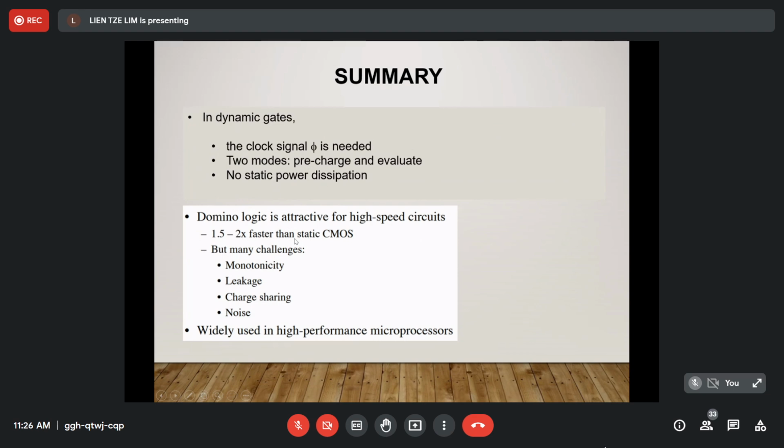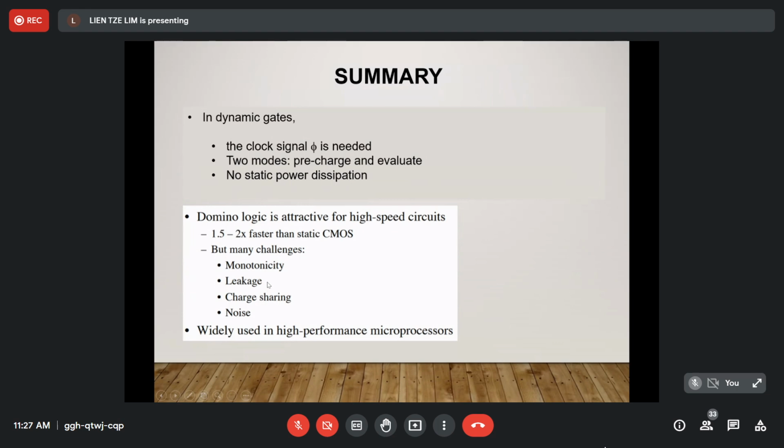There are also many challenges in domino logic. The challenges are due to monotonicity, leakage, charge sharing, and noise. All of this I didn't discuss in detail with you, because I have no time to cover everything, and I also consider whether you can absorb all the information and knowledge if I cover all this, because there are more important topics that I will have to cover later.